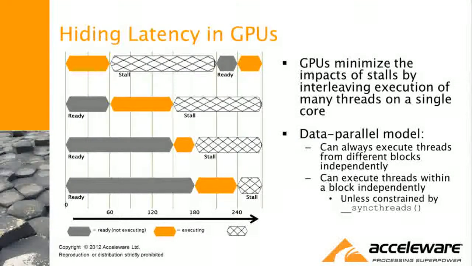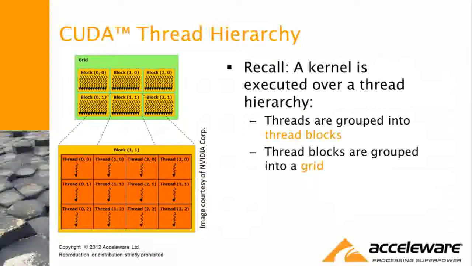And in the data parallel model, that works very well because you can execute threads from different blocks, for example, without any issues. And even within a block, it's okay unless you have async threads. Otherwise you could march through your code. And that way you can always keep the GPU busy. And that's today's game, or at least this session's game. Let's keep the GPU busy to maximize this massive power that the GPU has available.